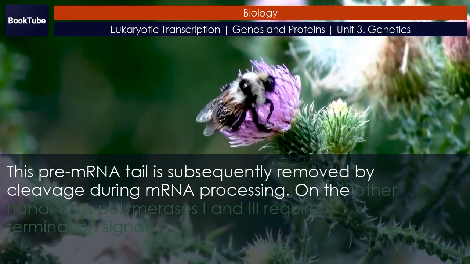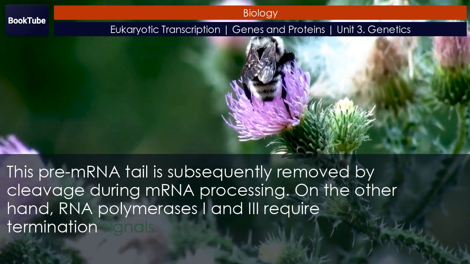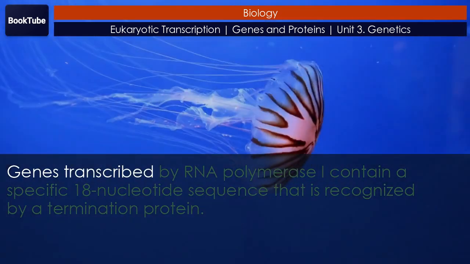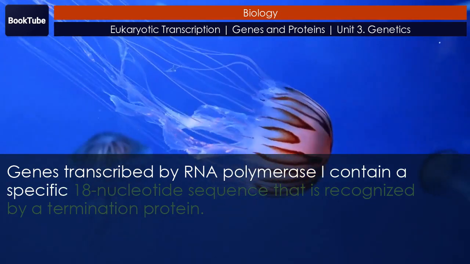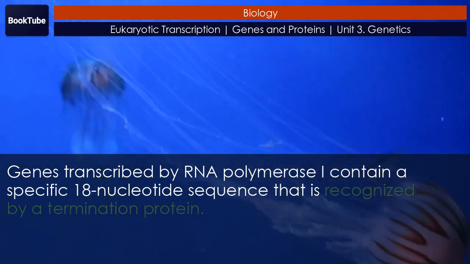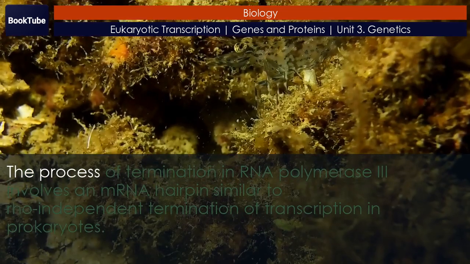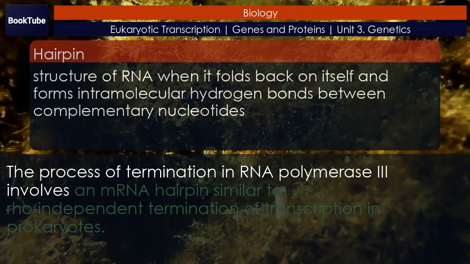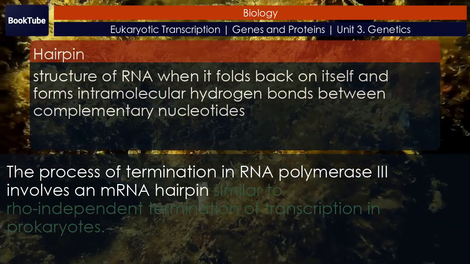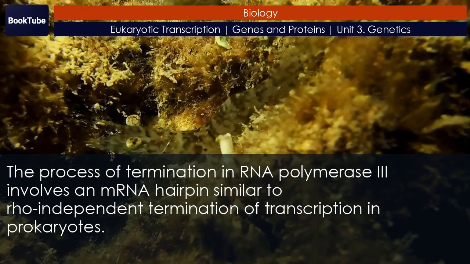On the other hand, RNA polymerases I and III require termination signals. Genes transcribed by RNA polymerase I contain a specific 18 nucleotide sequence that is recognized by a termination protein. The process of termination in RNA polymerase III involves an mRNA hairpin similar to rho-independent termination of transcription in prokaryotes.